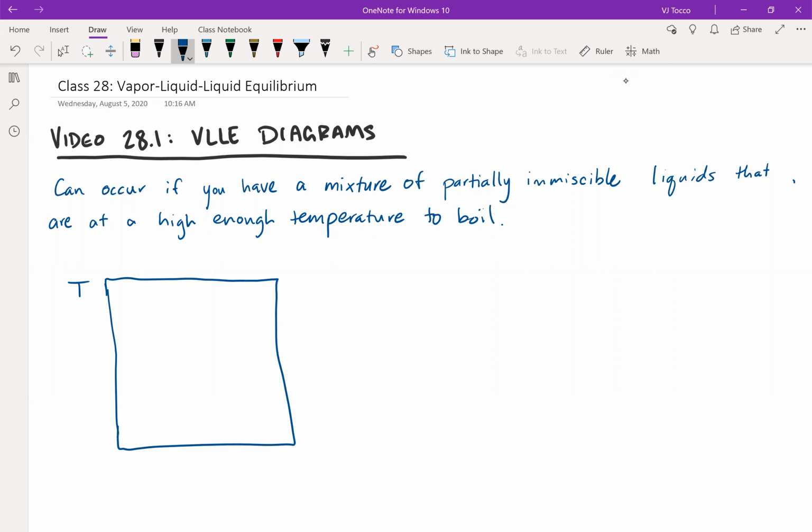For example, if I have a TXY plot for VLE, and I have an azeotrope occurring, let's say this is what my TXY diagram looks like at a certain pressure. This is for P high. Now say I lowered that pressure, what would the TXY graph look like?